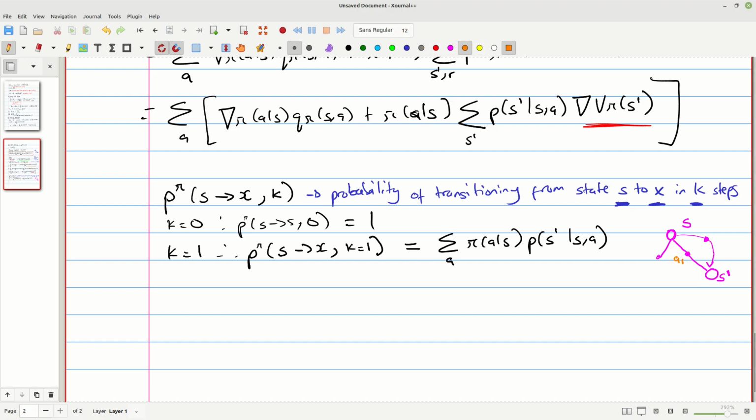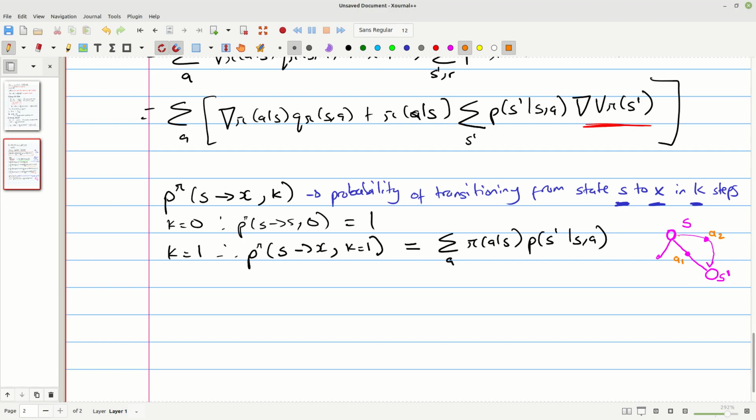We can use action 1, action 2. If we take action 1 with some probability, we'll end up in S prime. If we take action 2 with some probability, we'll end up in S prime.